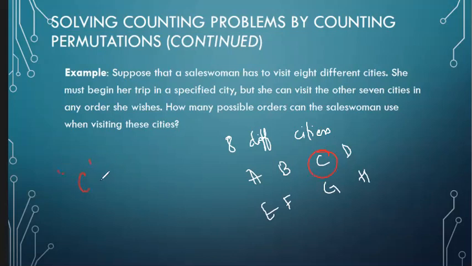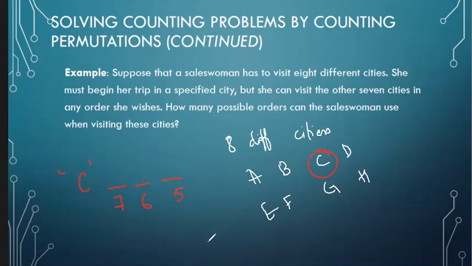Now after visiting city C, how many different choices does she have? She has 7 different choices. So for visiting the next city after the first, which is specified already, she has 7 choices. Now in the 7 choices, she might have selected any one of them. Now for the next city, how many choices will she have? She has visited 2. Now she will have 6 choices for her third city. After that, now she has visited 3 cities, she will have 5 choices.